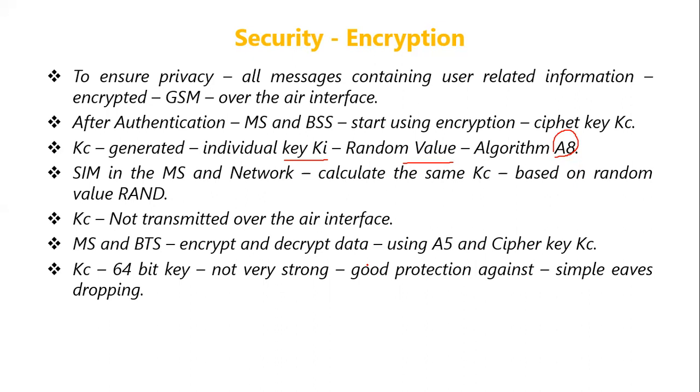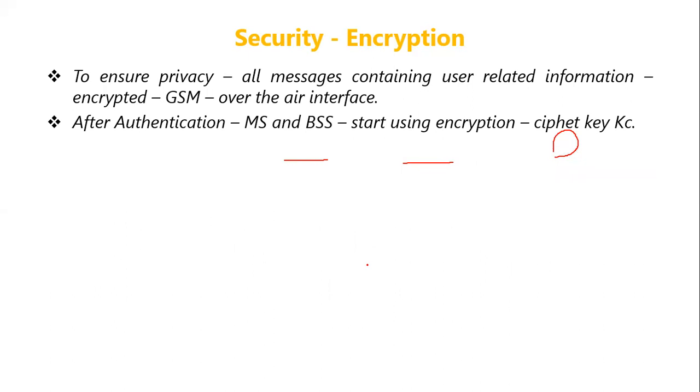In access control and authentication, there are two levels of authentication. One is authentication of the SIM, which is done by PIN, and the other is authentication of the subscriber, which is done by a challenge response method. That is what we discussed in this diagram.